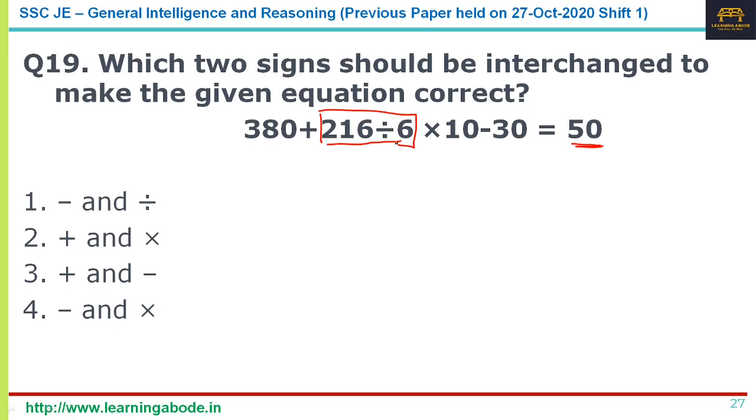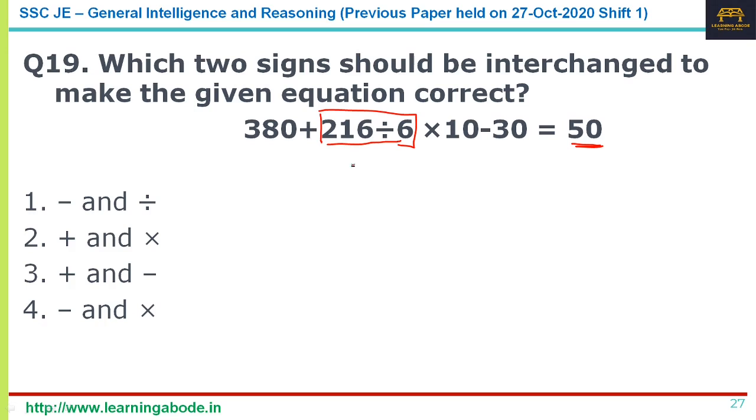If you put the division symbol in some other place, you will not get an integer output. Think about putting the division symbol in place of plus, or in place of multiplication, or even in place of minus. It doesn't help, so 216 divided by 6 is fixed.